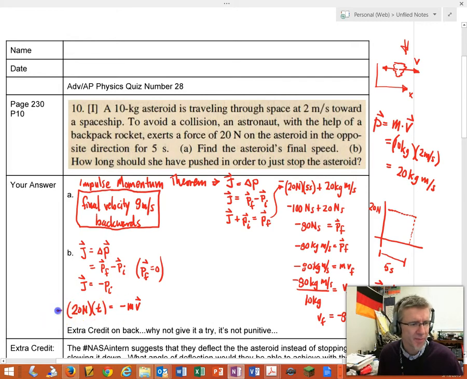Oh, but this momentum is in the opposite direction, so we have a minus sign off. That's what I was confused about. Sorry about that for a second. But the mass times velocity is minus 10 kilograms times 2 meters per second.